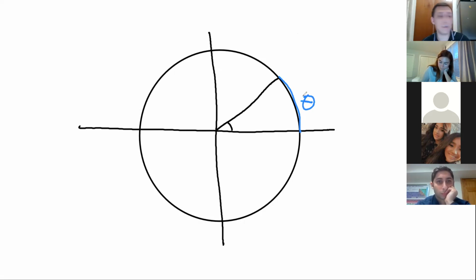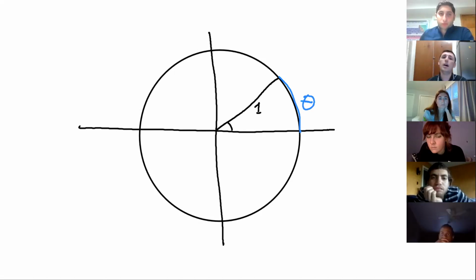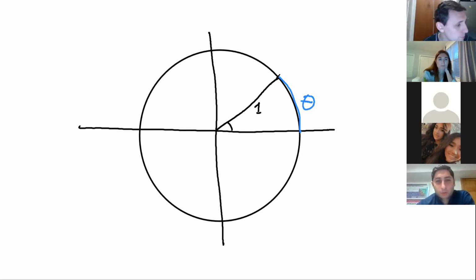Now, in this picture, can you draw the picture? I'm not sure if you can answer it, but I can always imagine that this is 1. Where in this picture do I see secant? Secant is 1 over cosine, right? Or it's the hypotenuse divided by adjacent. So where is secant in this picture? So you see, this is my sine.